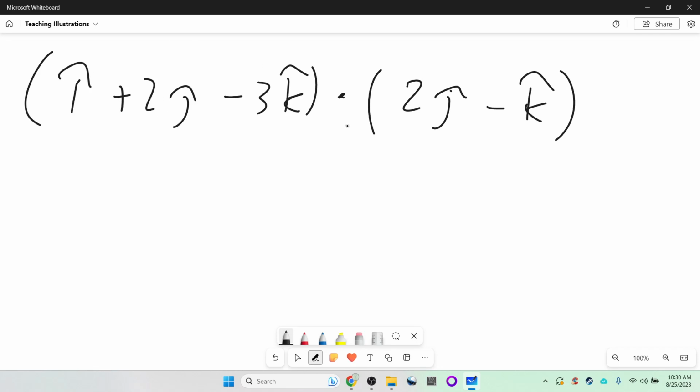I with i, well, there's no i in this second one. Well, if that happens, you can always write in 0i here. So 1i times 0, or 1 times 0 is 0, plus 2 times 2 is 4, plus -3 times -1 is +3. So the dot product there is 7.